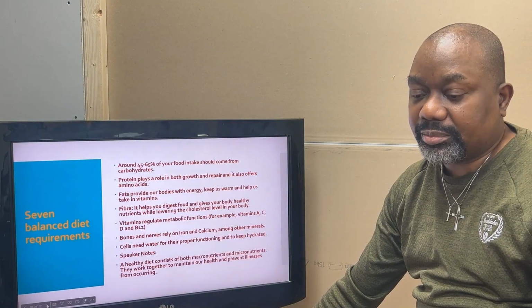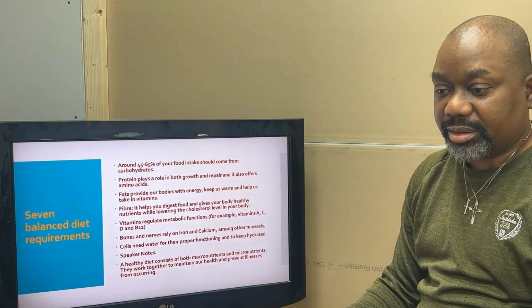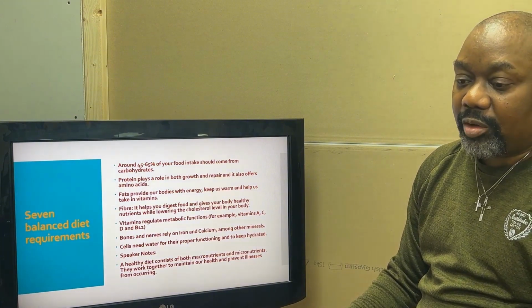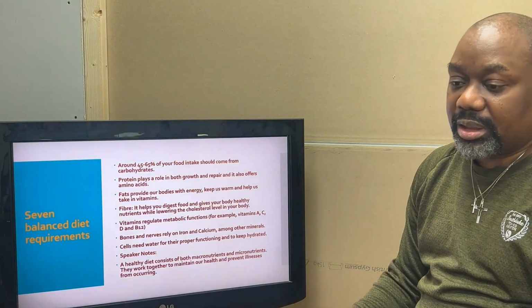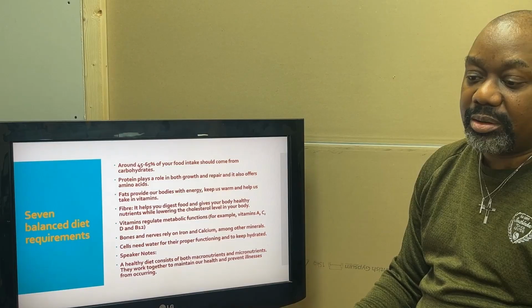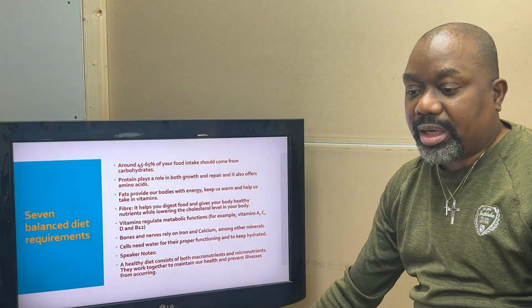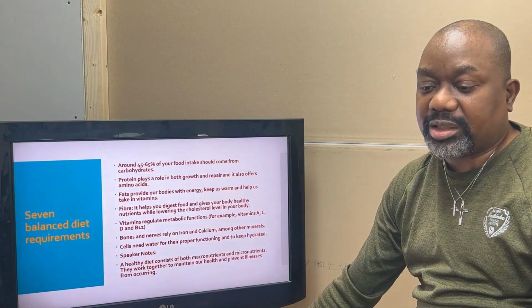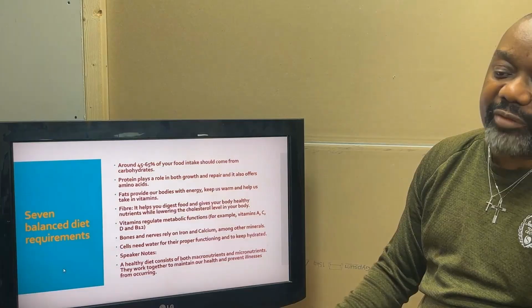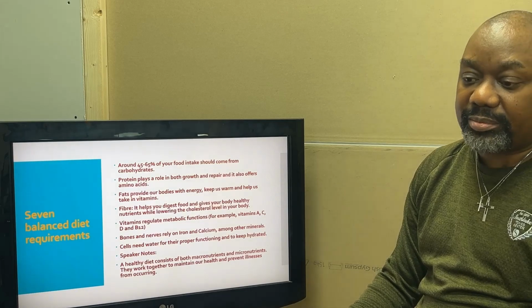The next paragraph is the seven balanced diet requirements. Basically, these are the seven balanced diet components that we need to eat for good health. Around 45 to 65% of the food we eat should come from carbohydrates.